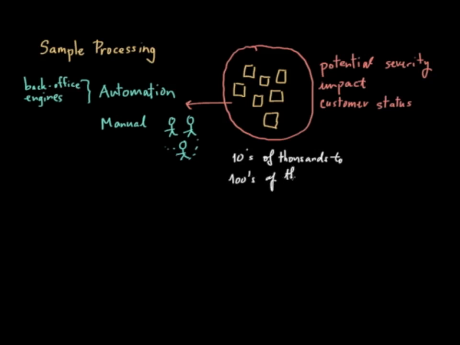And so with that kind of a load, you simply cannot afford to manually analyze these samples. It would just take you too much time. The team would have to be too big, and as mentioned in the previous video, most threats have a very short lifetime, and so by the time you were done doing some type of a manual method, that threat might be long gone, and you'll just never see it again.